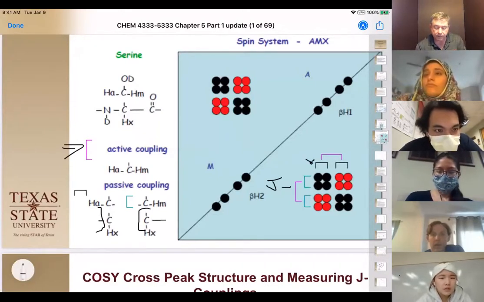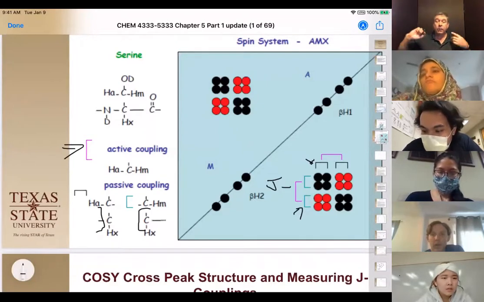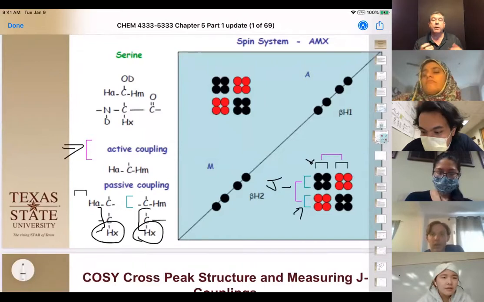One is here and one is there. So we actually get all three coupling constants: the one from being different shifts, the one from being geminal, and the one from being associated 3 bonds away from our third proton.